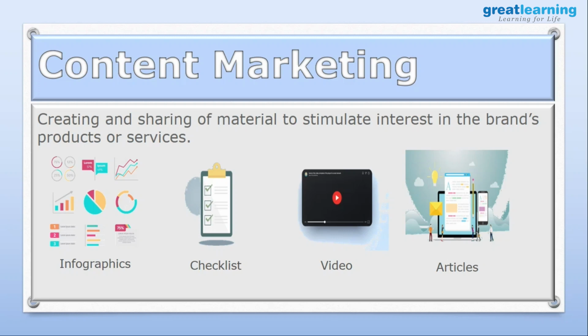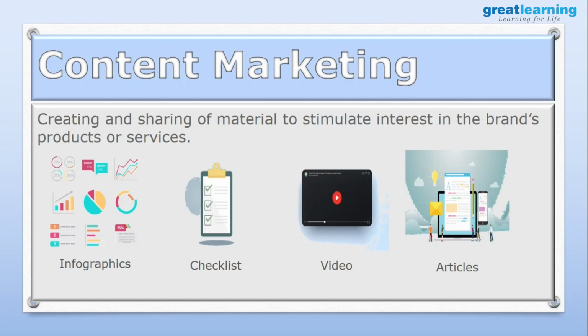So you can create content in form of infographics and sell it, or you can also try the checklist. So checklist can be like 10 things you need to do this summer, or 10 new skills that you need to learn this winter, or anything like that. And maybe mention few items in the checklist that are your products or services.